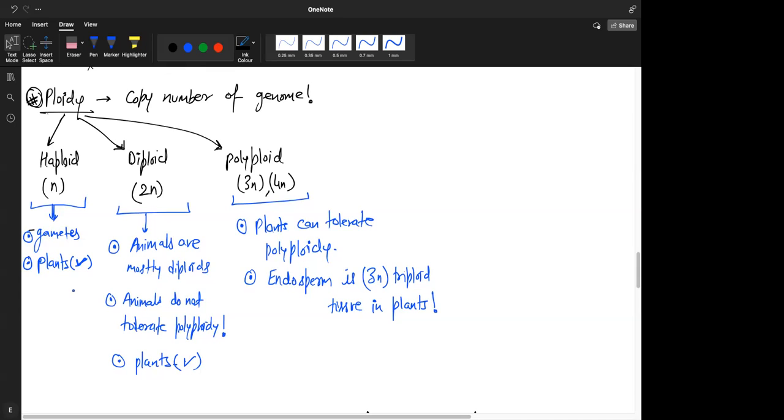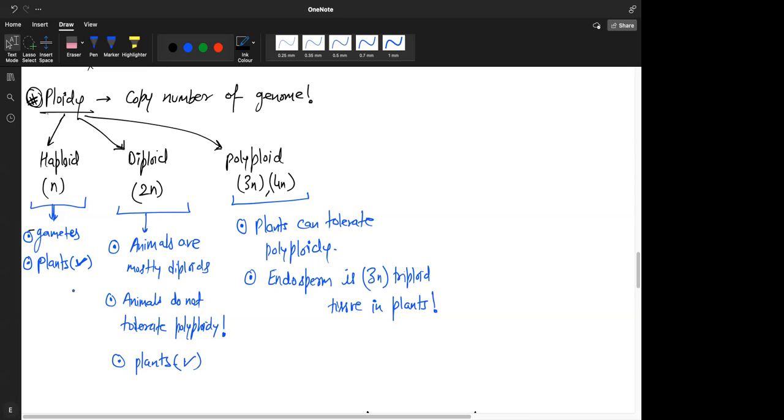Ploidy means the number of copies of the genome, and it is divided into haploid, diploid, and polyploid. Haploid means they have one set of the genome, for example, gametes of plants. Then we have diploid, which has two sets of the genome.